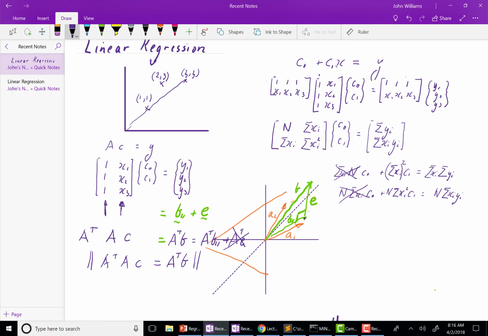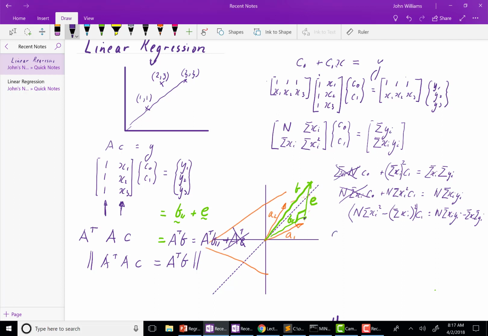And what I'm going to be left with is n sigma xi squared minus sigma xi all squared, times C1, equals n sigma xi yi minus sigma xi sigma yi.